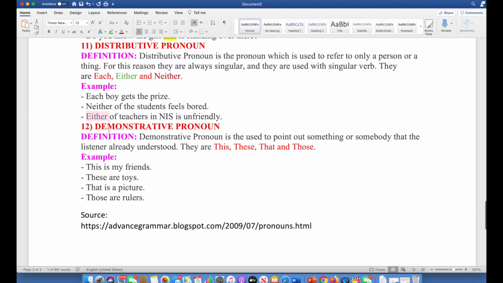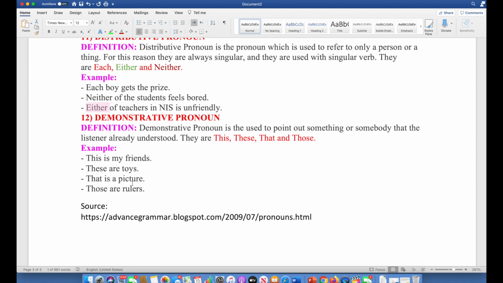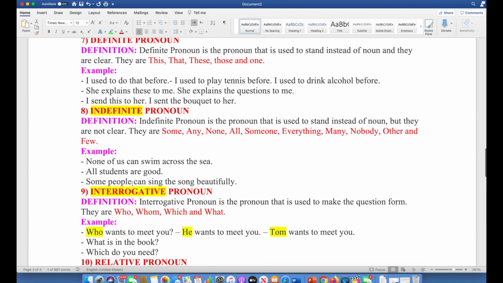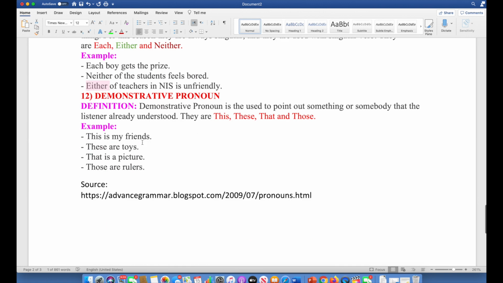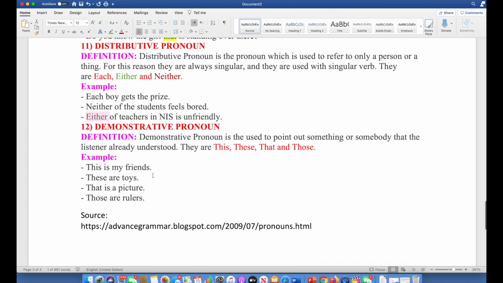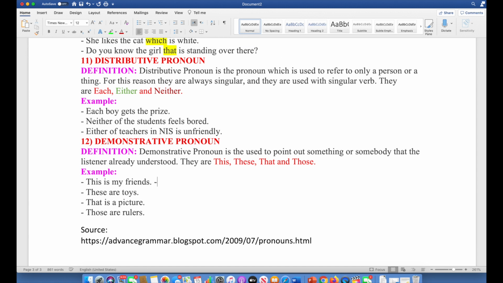Okay? And the last thing we are going to look at is demonstrative pronouns. And these are this, these, that, and those. But this time, they are pointing to something or somebody that the listener already understood. This is my friend. This is different from when we use them here, because this is replacing something within the sentence. This is kind of replacing the subject, where the other one is replacing the object.